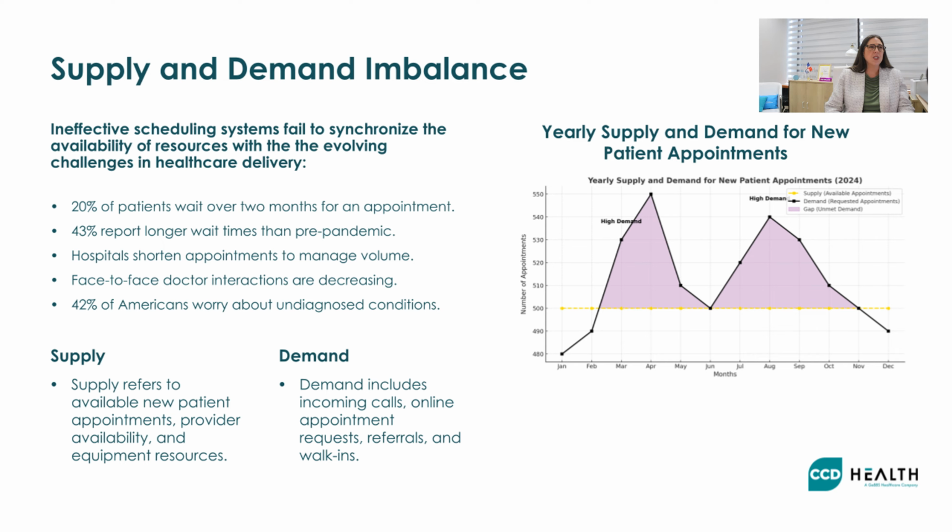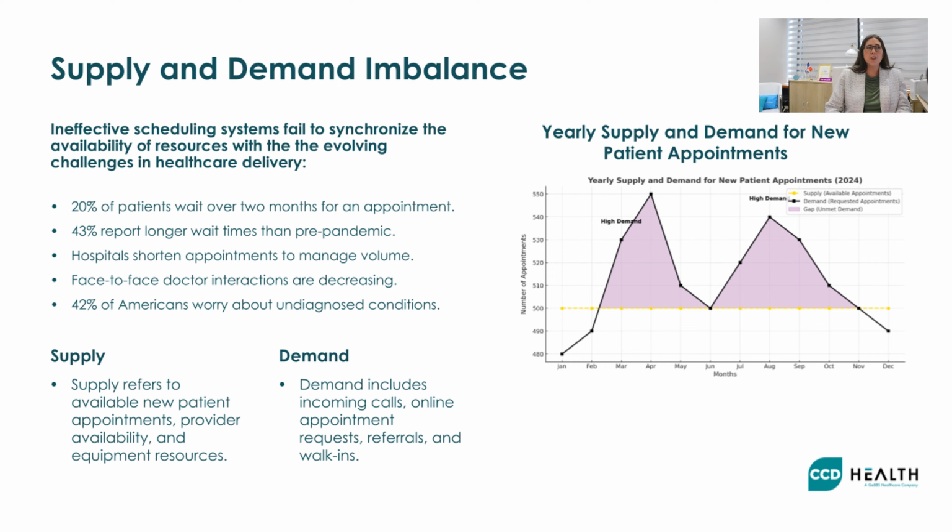We can also see the demand in the black line of the chart, where it fluctuates based on seasonalities, based on trends, and any type of utilization pattern coming across. The purple shaded area in the graph indicates months where demand exceeds the supply. This is resulting in the longer wait times and scheduling backlogs that could occur at the site.